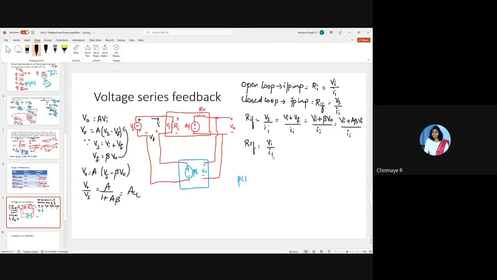I can write Vi by Ii into (1 plus A beta) is equal to RIF, which simply means the input impedance with feedback RIF is equal to Ri, the input impedance of the open loop, times (1 plus A beta).